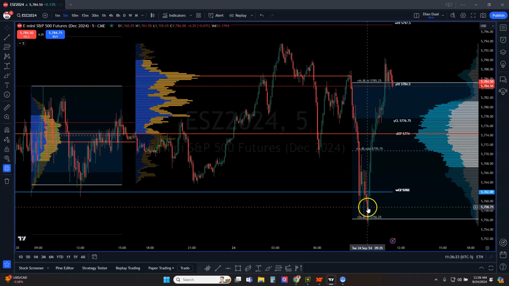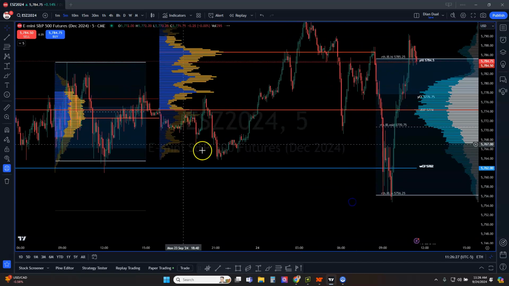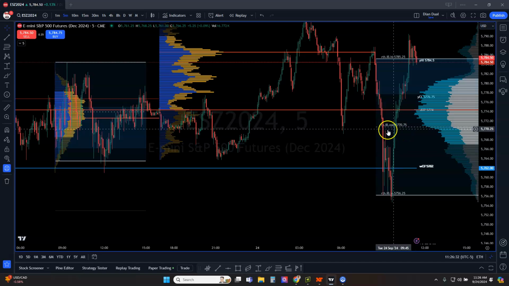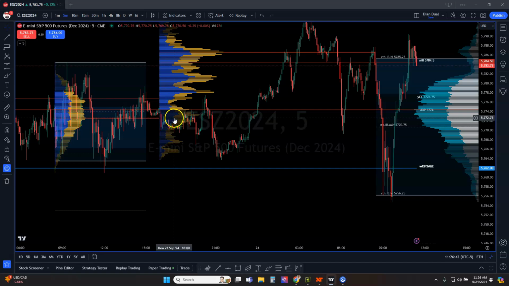ES broke under the weekly open. No specific target really down there, but we broke out of yesterday's range. Very hard to trade. I took a micro ES here, got stopped somewhere. Okay. Short. Come back in a value above yesterday's RTH point of control.